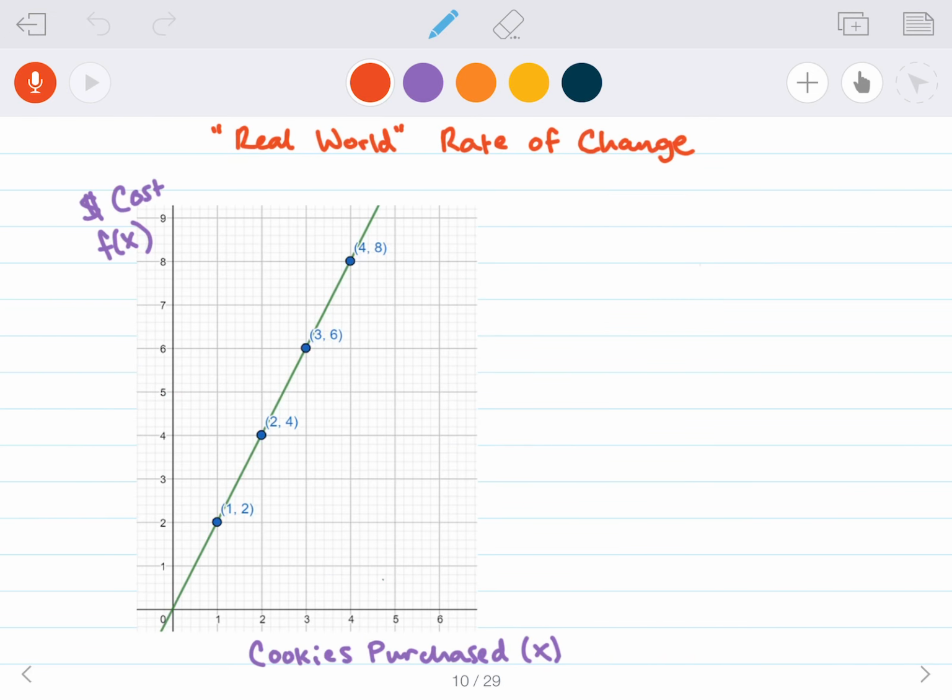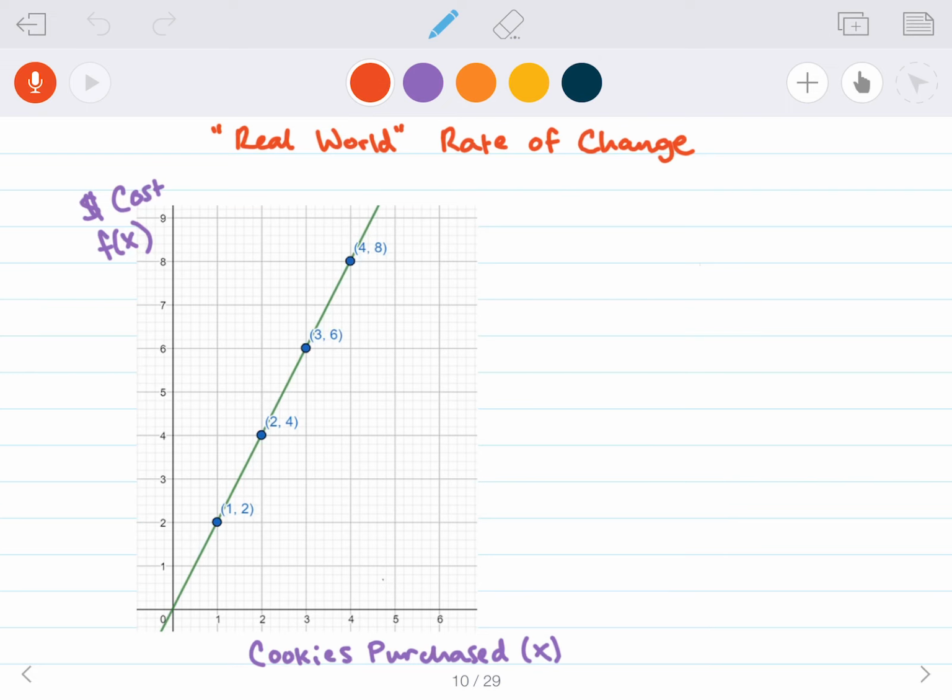Another example of a real-world linear function with a constant rate of change is the amount of money you spend buying multiple items at the grocery store. Let's say you're really craving some cookies, and the cookies are $2 a piece.